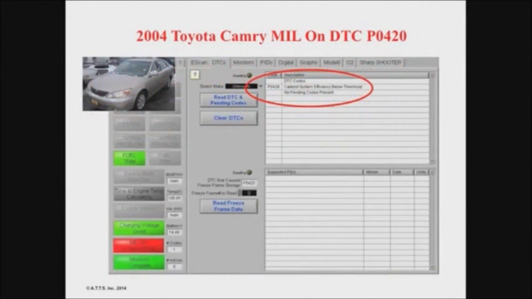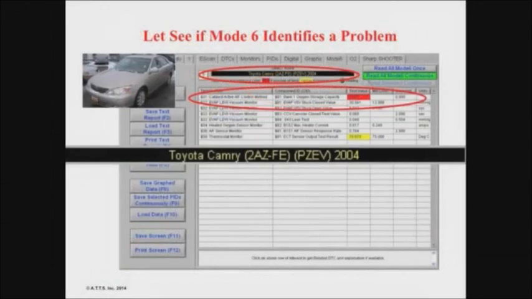This Toyota here came in with a P0420, and sometimes this guy had some information on mode 6. And I'm going to tell you something about mode 6 that's important. You notice there's something in the upper right-hand corner: read all mode 6 once, or read continuous.